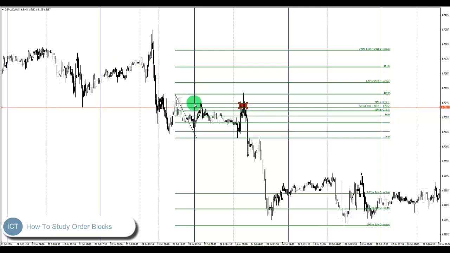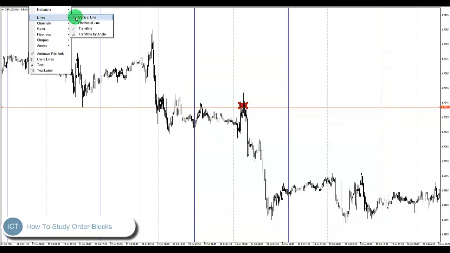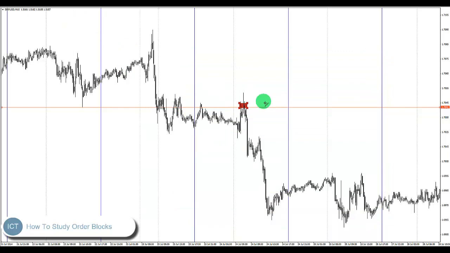Now, if your concern is, well, wouldn't I be stopped out there? No. And this is really what I want to get at too. Once you have an understanding, there's 30 pips right there.